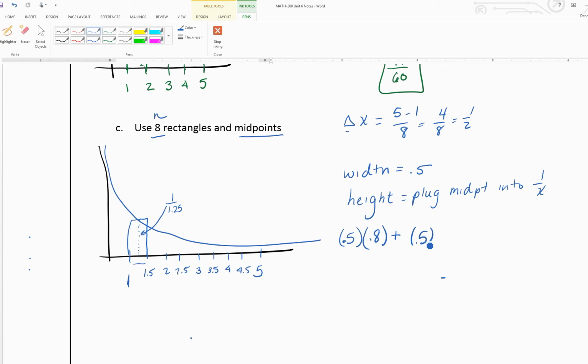And if we do 1 over 1.75, we get a pretty crazy decimal, but it's 4/7. Okay, we're going to get 8 here. So then we'd have 0.5, and we would plug in. So we've done our second rectangle. So now we'd be going between 2 and 2.5. So it'd be 1 over 2.25.